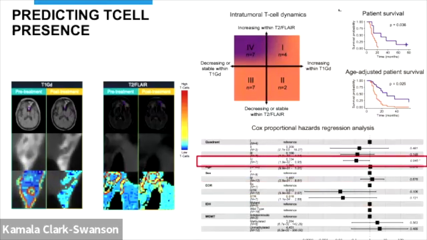And in fact, in a Cox proportional hazard regression analysis, that was the only thing that came up as significant in this survival analysis. So I would say that this is very exciting, tantalizing data, but of course there's always more work.